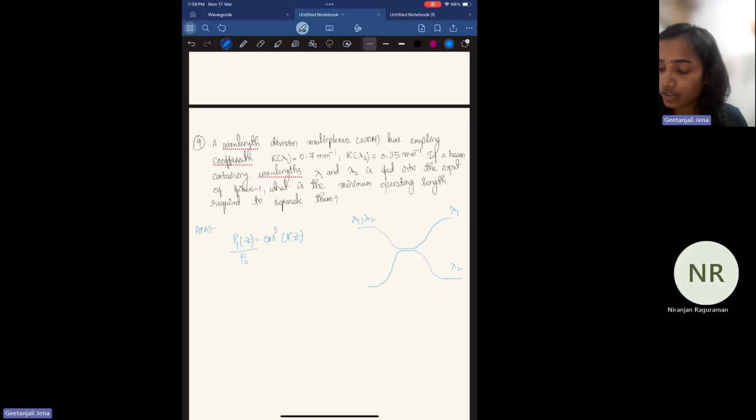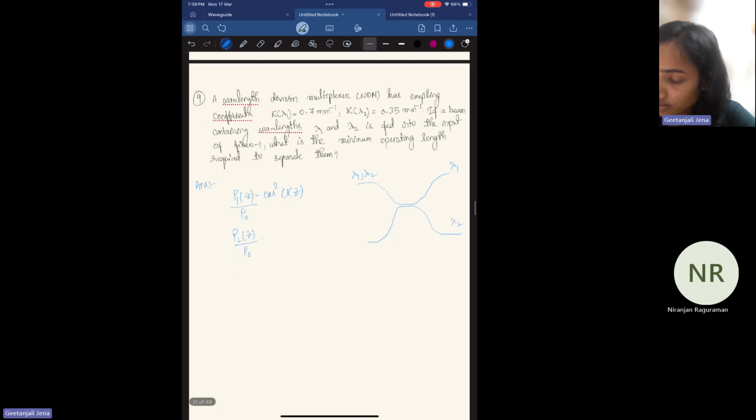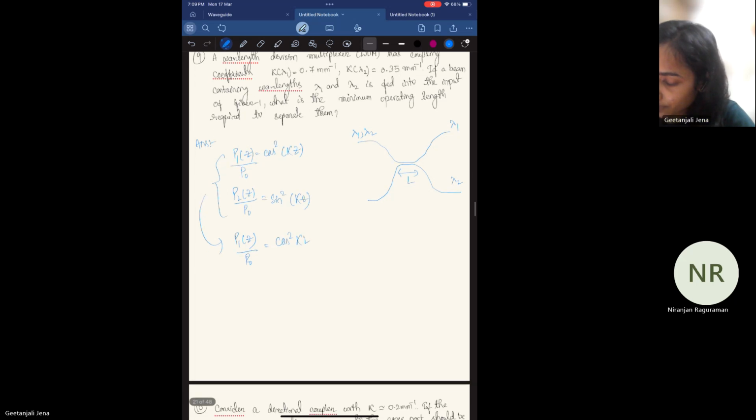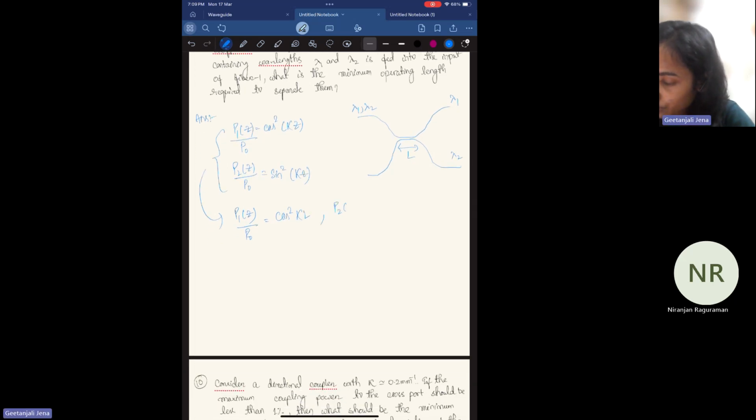So P1Z over P0 is cos square kappa Z, and P2Z by P0 is sine square kappa Z. So for WDM of length L, let us say the length is L here, the interaction length, P1Z by P0 is cos square kappa L, and P2Z by P0 is sine square kappa L.